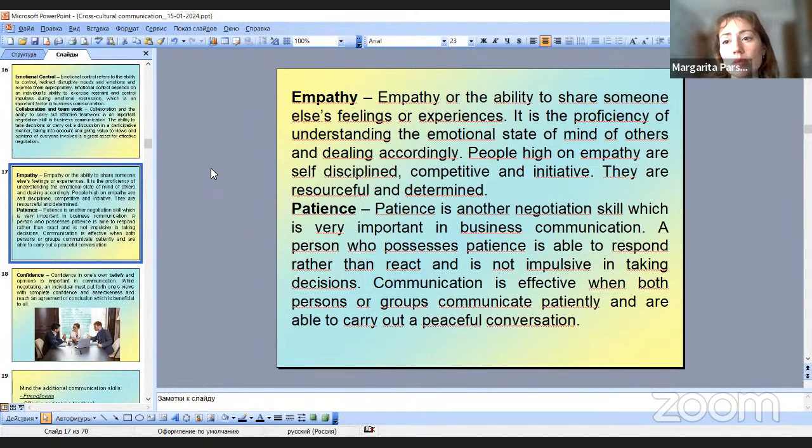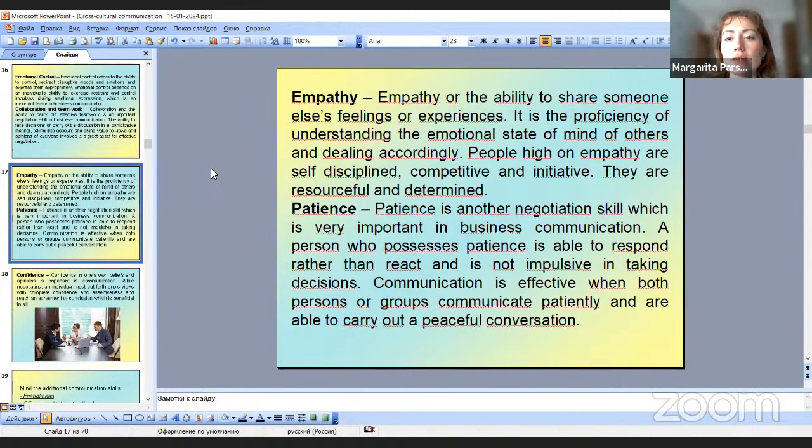But in business communication, of course, empathy can also be included, a little, to make the process smoother, but not to empathize too much, because if we do that, we will not solve our serious problems in business communication.